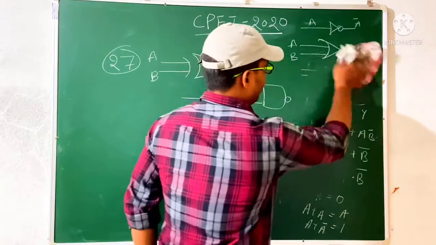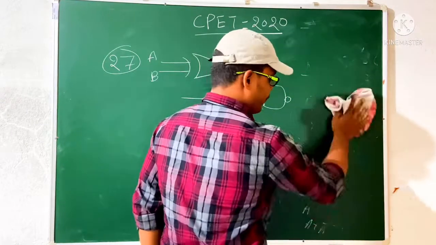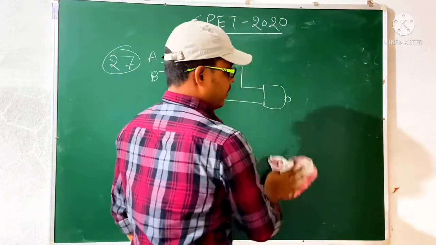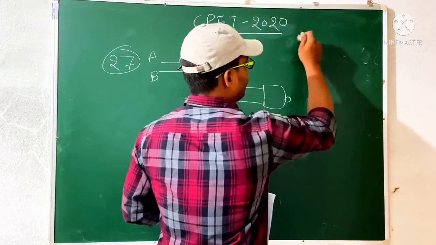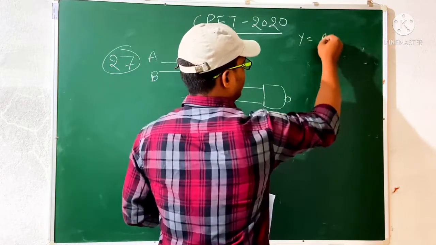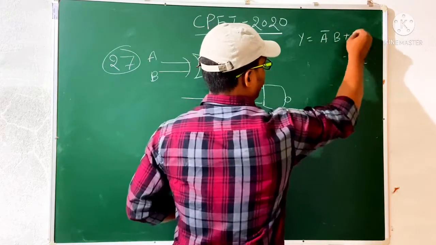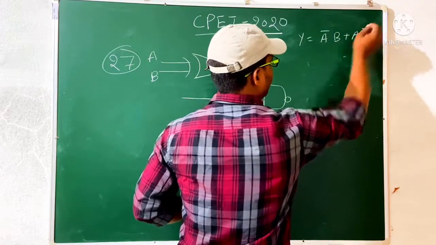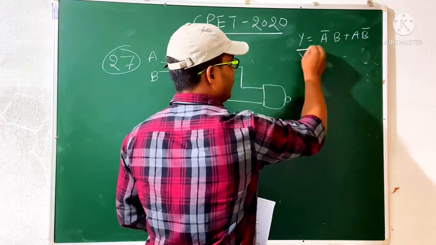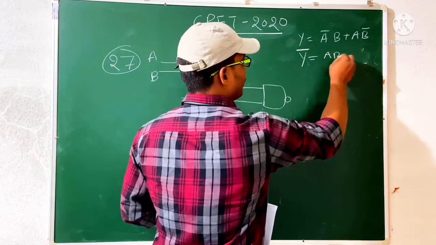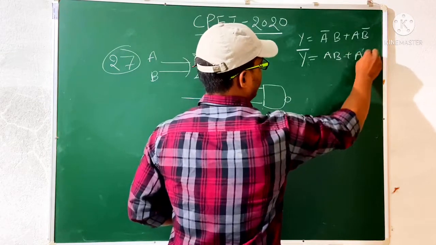This will be used in our electronics. Another important thing: this is your X bar, that is A bar B plus A B bar, but remember it is a negation, meaning if you use a NOT gate, that will give you AB plus A bar B bar.